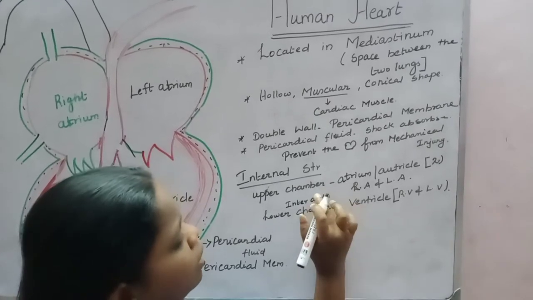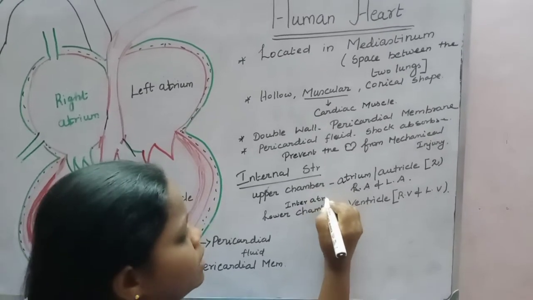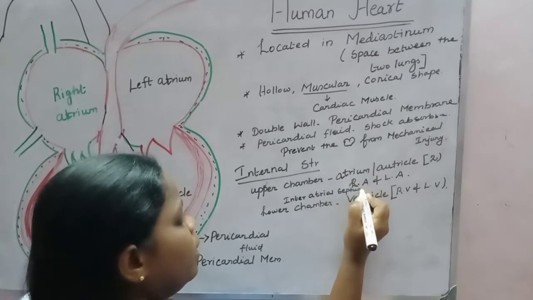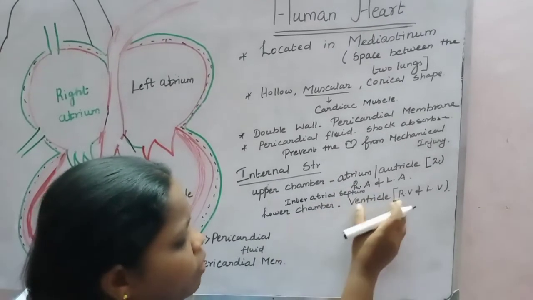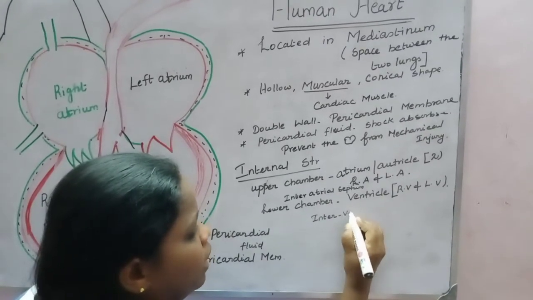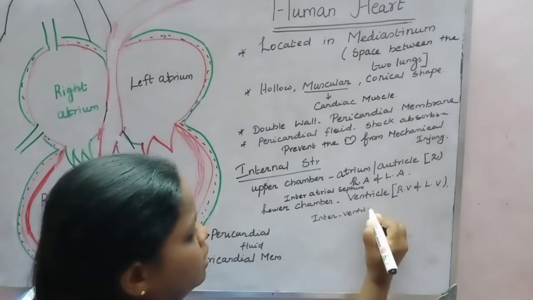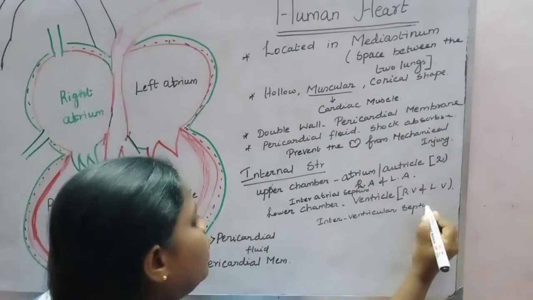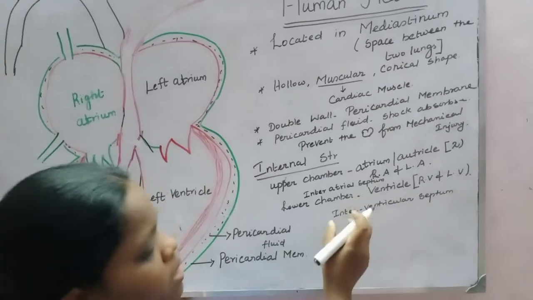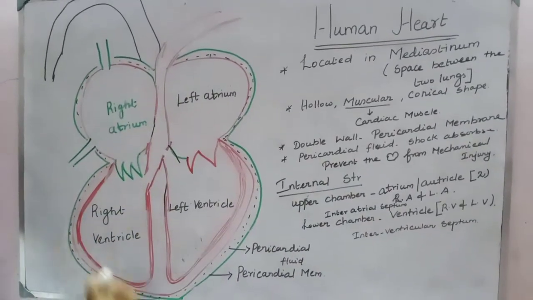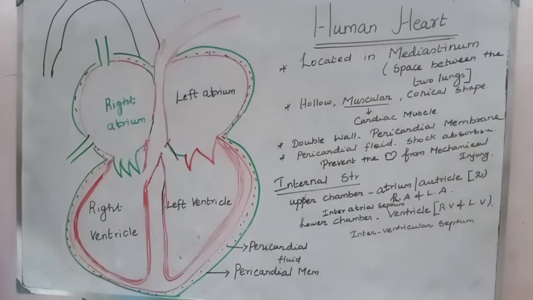Like that, the ventricles are separated by the interventricular septum. Are you clear? Auricles are separated by the interauricular septum. Ventricles are separated by the interventricular septum.